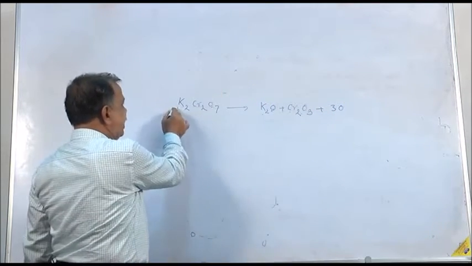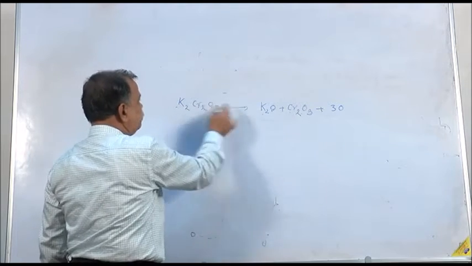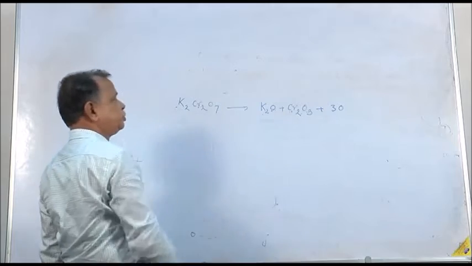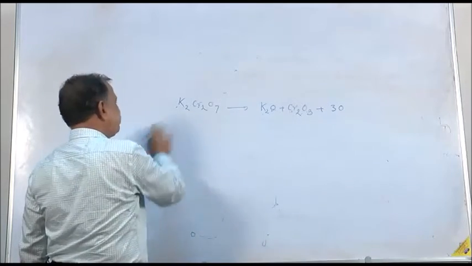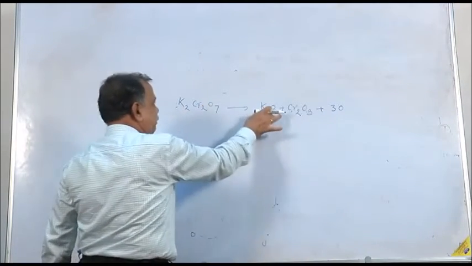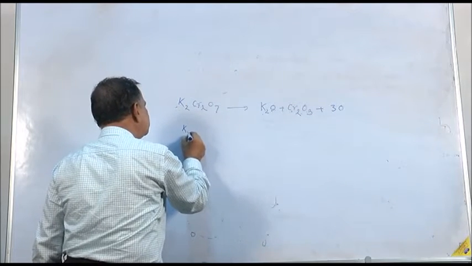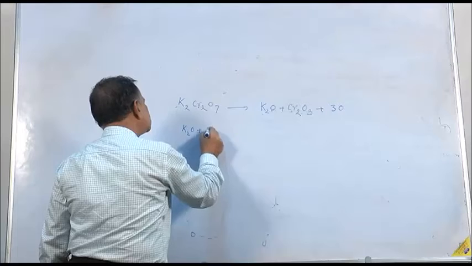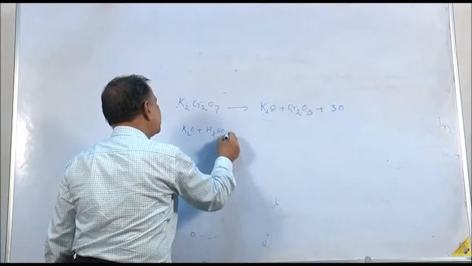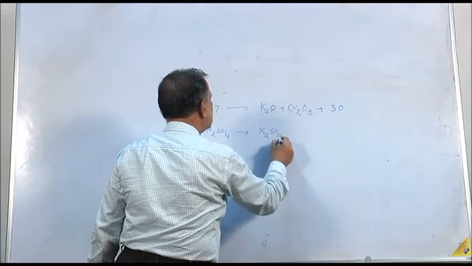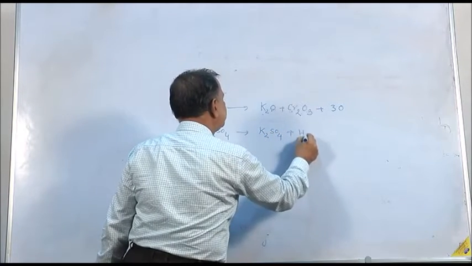Balance: 2K, 2K, 2 chromium, 3 plus 1, 7O. Now, due to sulfuric acid, K2O plus sulfuric acid we get K2SO4 plus H2O.